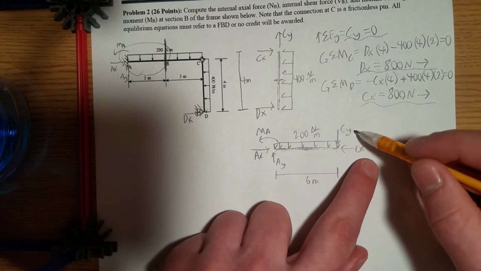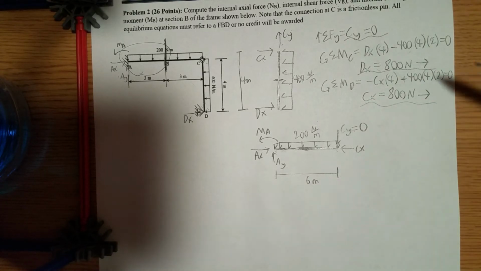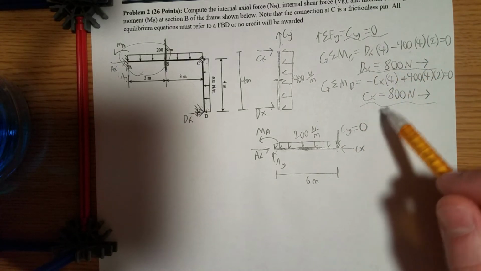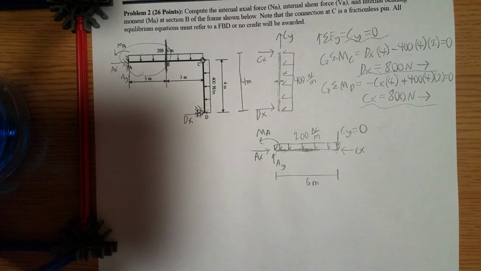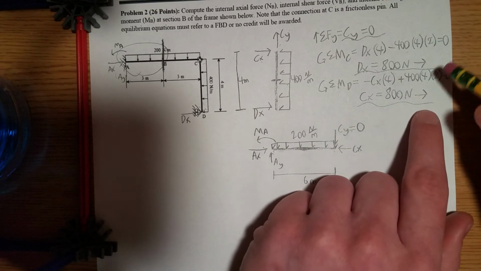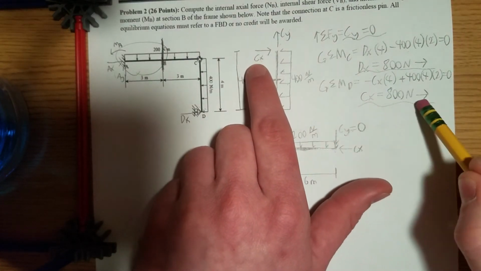Well, we have CY and CX, and we got CY is equal to 0. And with CX, I kind of broke one of my personal rules here. It doesn't really matter whatever you guys do. It's not a rule of statics or anything. But when I solved for CX here, I drew it going to the right.